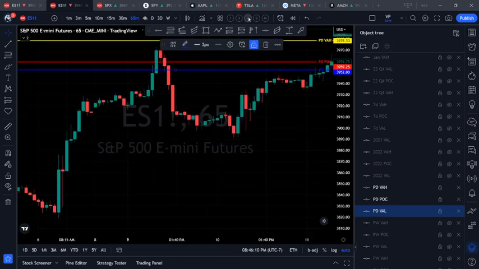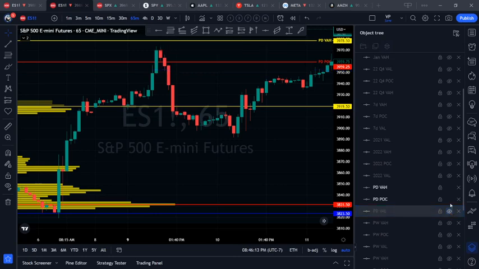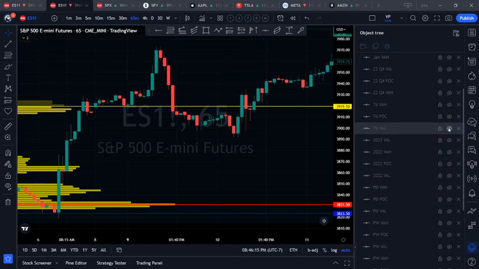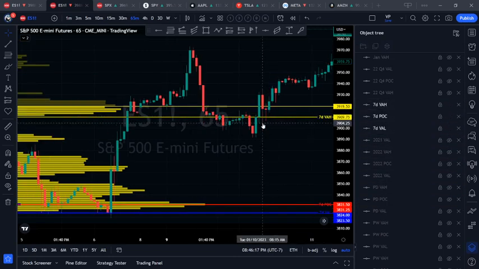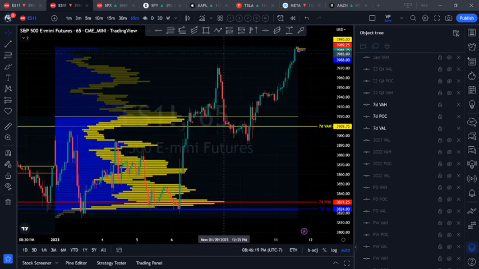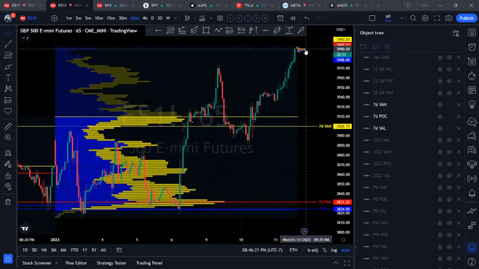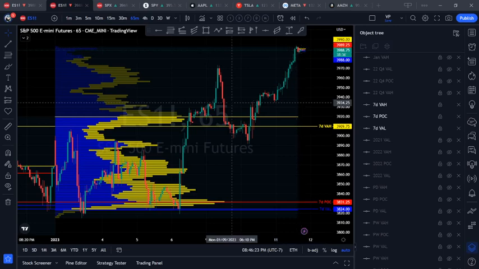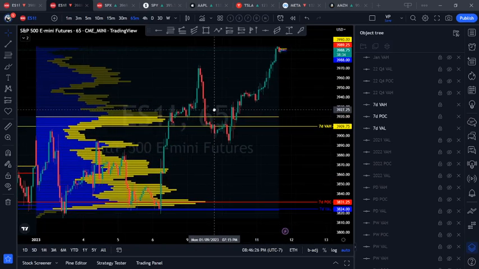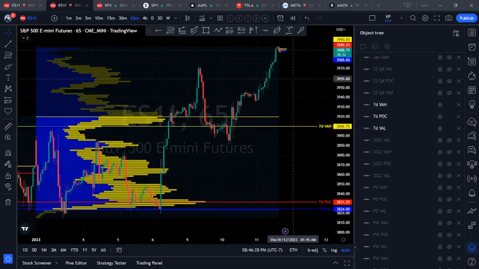And moving on to the weeklies. Bring up those levels for the 7-day. This is new data being made for a new weekly, so these aren't the 7-day levels technically. They would be previous weeks.